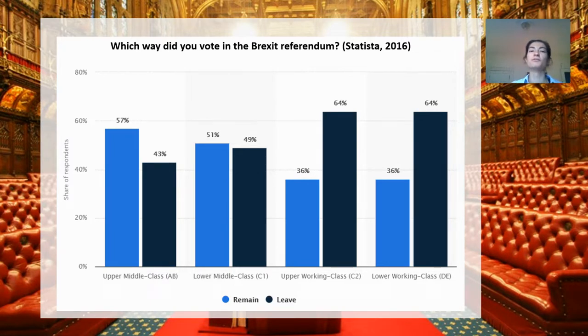We had that myth of the Polish plumber that you've probably already heard about. But the upshot is that working class people tended to support leaving the EU at higher rates than middle class people did, and the Conservative Party was a more enthusiastic supporter of Brexit than the Labour Party was. And so you will tend to see some shifts in partisan voting behavior as a result of that.